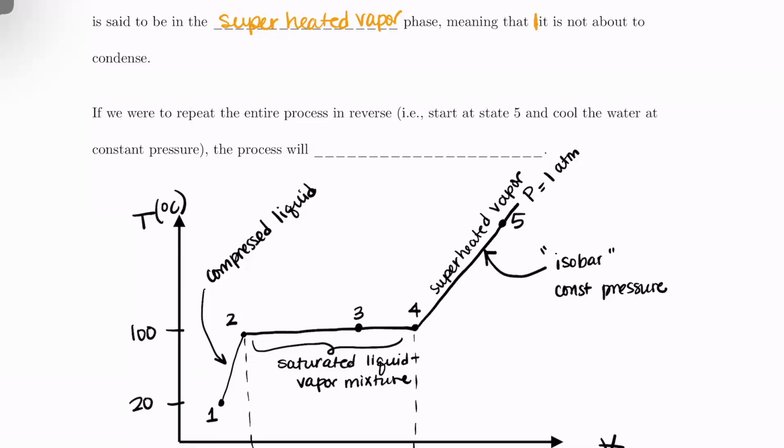We repeat this entire process in reverse, and the process will follow the same curve, or isobar. Okay.